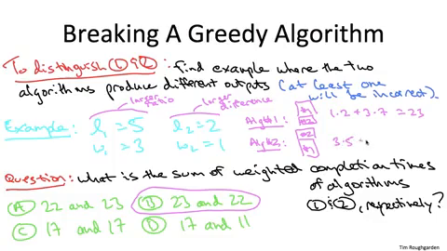Its completion time, now that it's first, is only 5. And then the second job with weight 1 gets the completion time of 7 for a total of 22. So ordering by difference gives us a value of 23. Ordering by ratio gives us a value of 22. So in this case, the ratio does better than the difference. So certainly the difference is not optimal for this specific example.